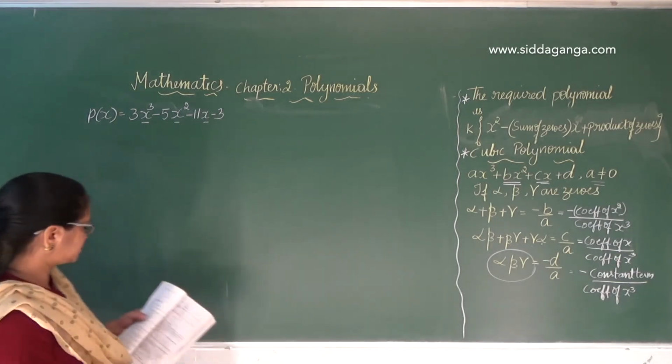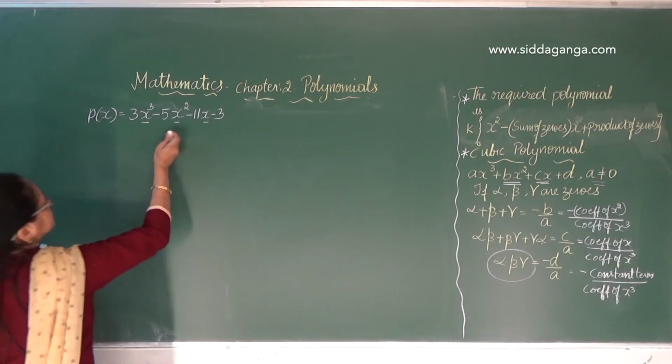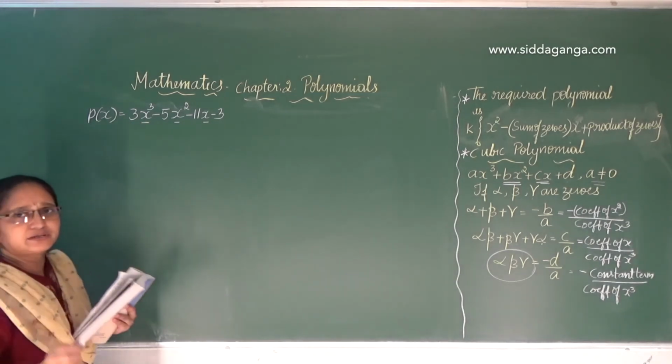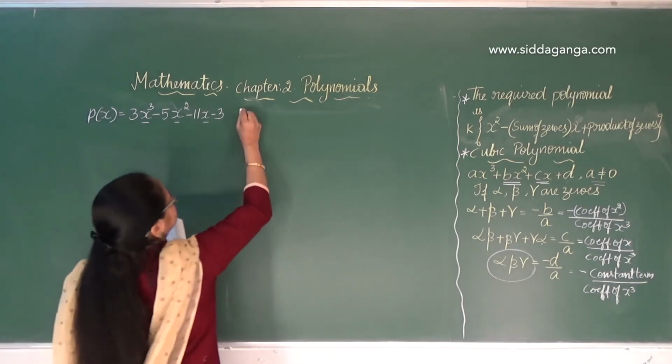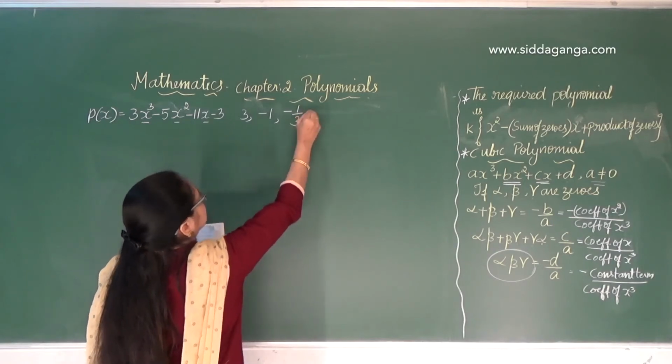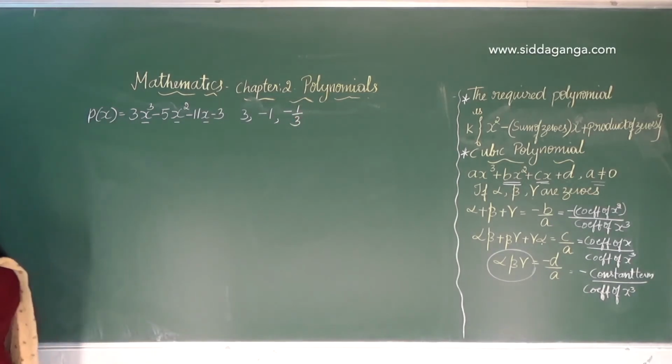Yes, so let us do the sum. Now in this case, I have to find out whether 3, minus 1 and minus 1 by 3 are the zeros of the polynomial.